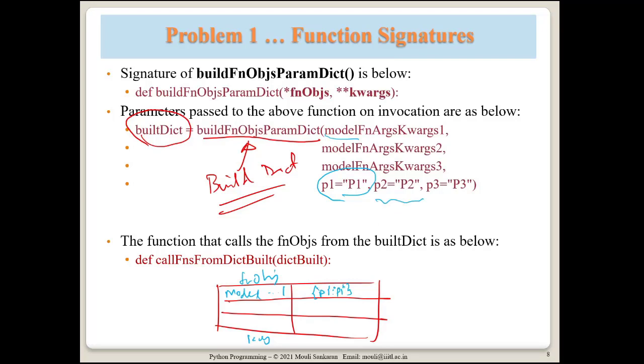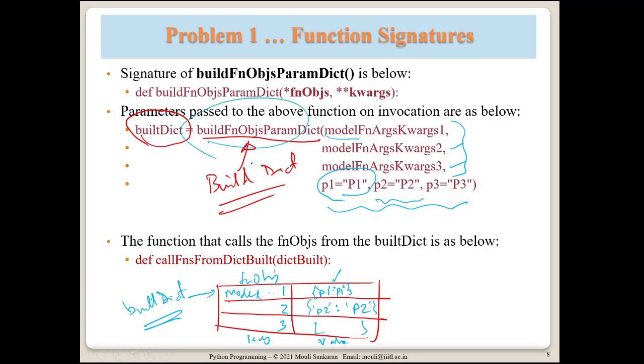Then this will go as a dictionary, p2 colon capital P2, and this other one will go here, and the corresponding 2 and 3 objects will come here. So I am passing 3 function objects, and then I am passing the 3 pairs of values which will go as a dictionary entry into the value pair. So this is the built dictionary which you need to build in this function.